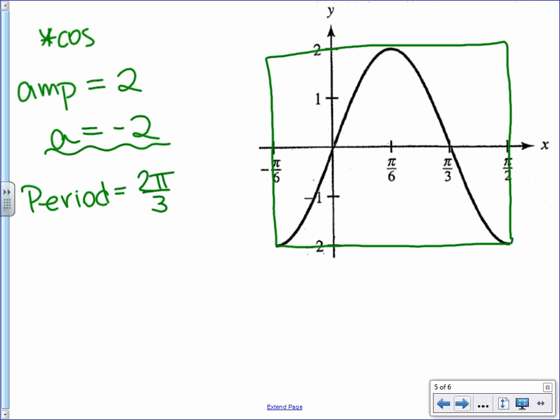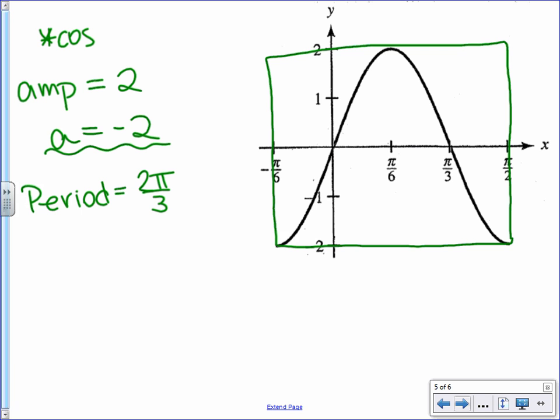Did you take pi over 2 minus pi over 6? I did. Yeah. Okay. Pi over 2 minus pi over 6 would get you the length if we began at pi over 6, which is what I thought Amanda did, but I'm not sure. If we take pi over 2 minus pi over 6, that would be this length right here.